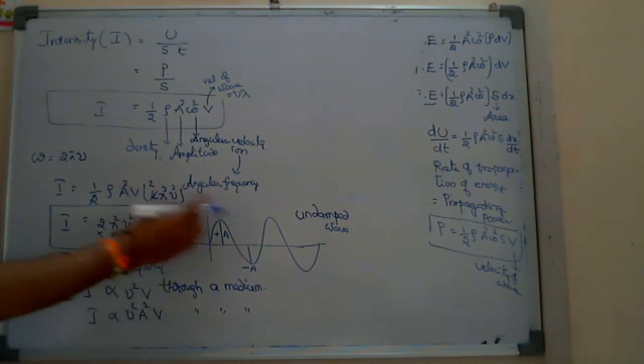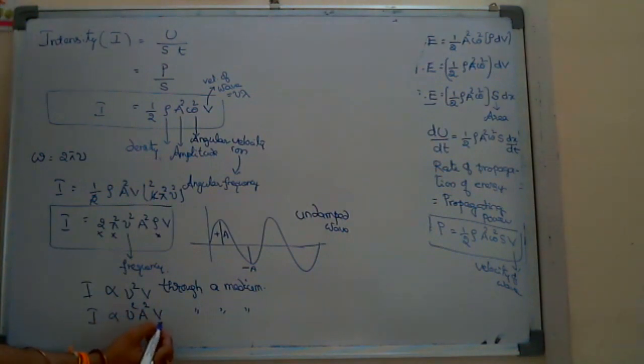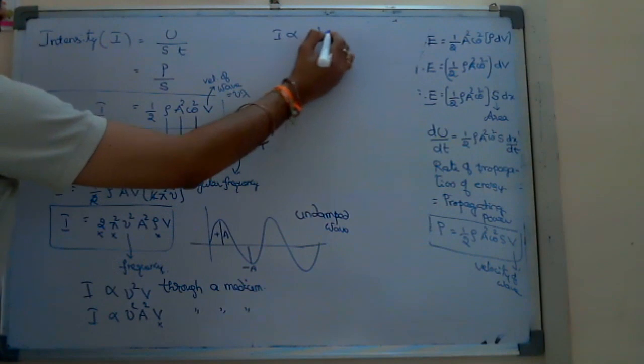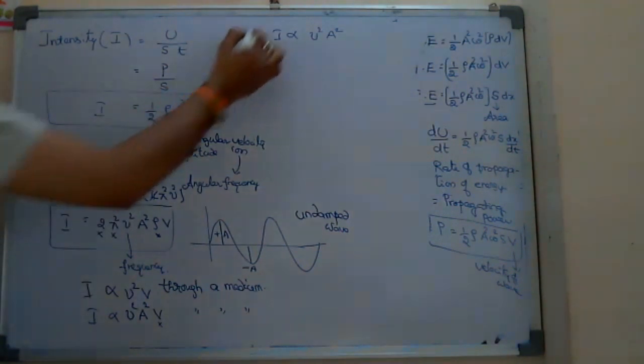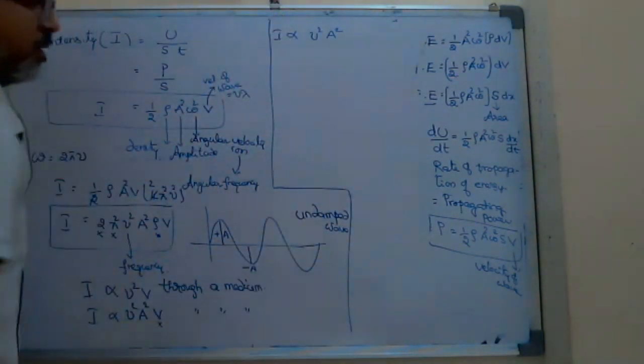That v is constant if you are continuously propagating with a constant velocity, so I is directly proportional to a square. This type of relation we use majorly even in optics also.